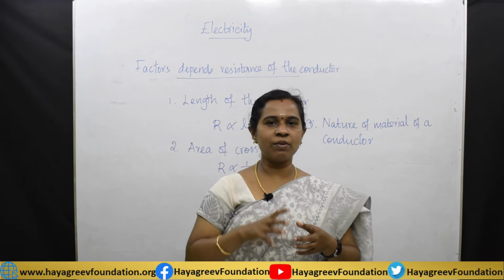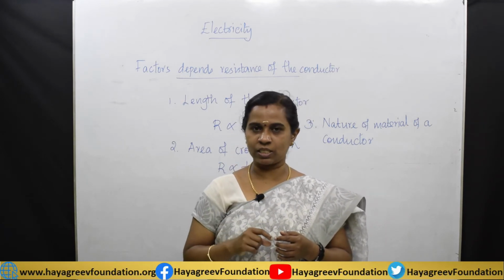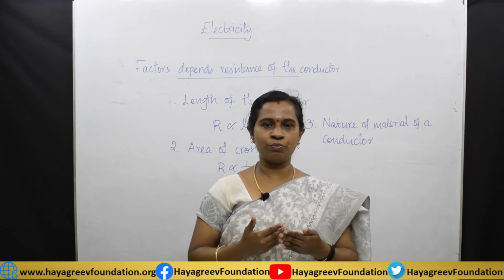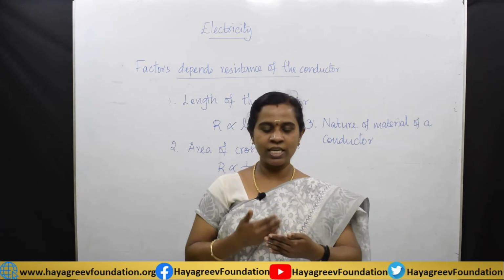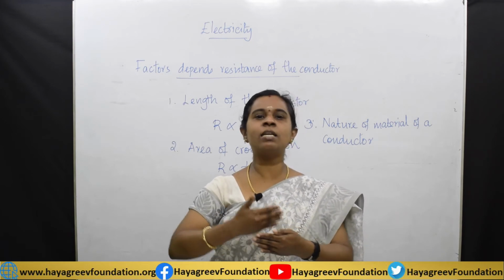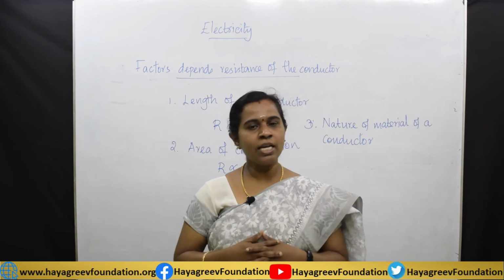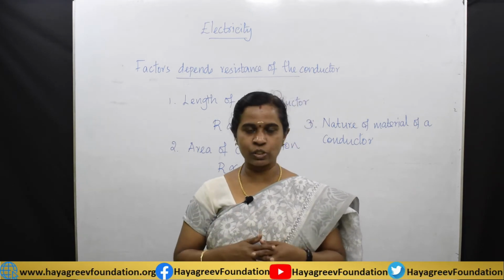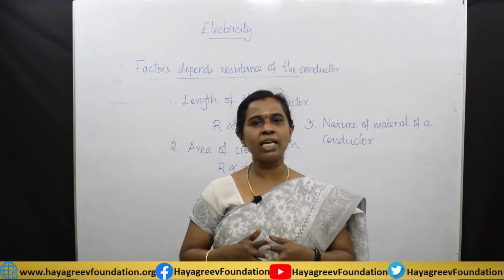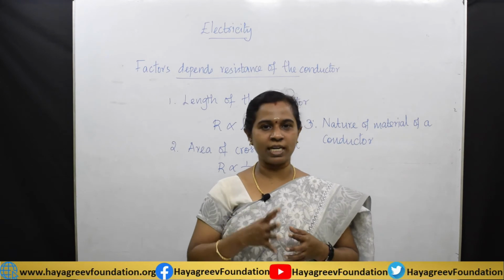We use thick aluminium wire, because thick aluminium wire gives less resistance. So it depends on the nature of the material. Silver has very low resistance, copper has slightly higher resistance than silver, aluminium slightly higher again, but iron has very high resistance, so we do not use iron as a conductor. So these are the three factors on which the resistance of the conductor depends.